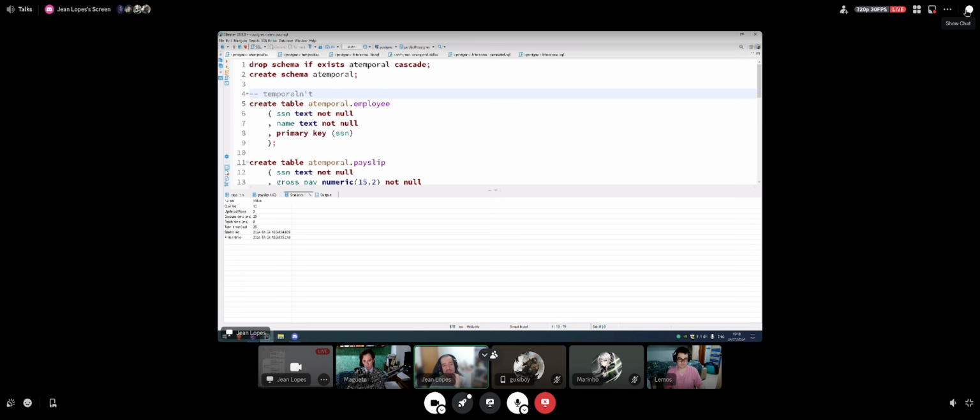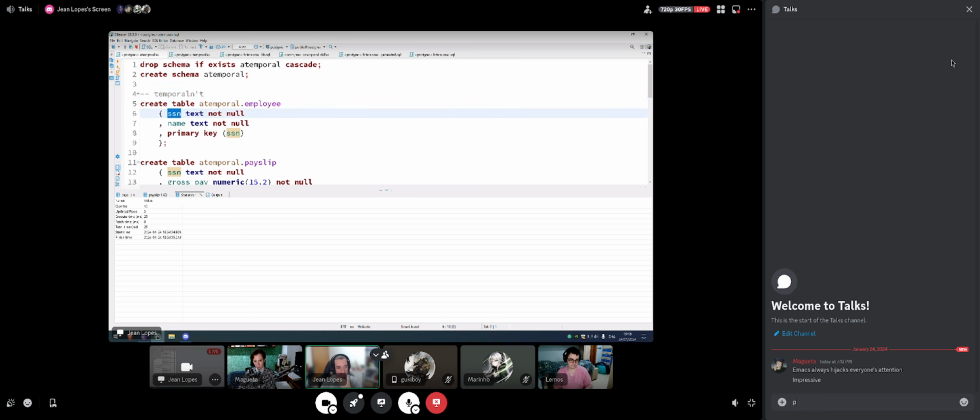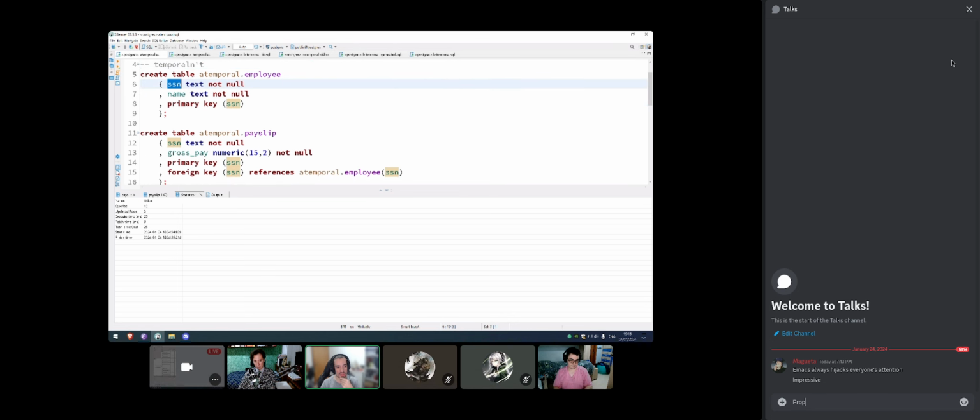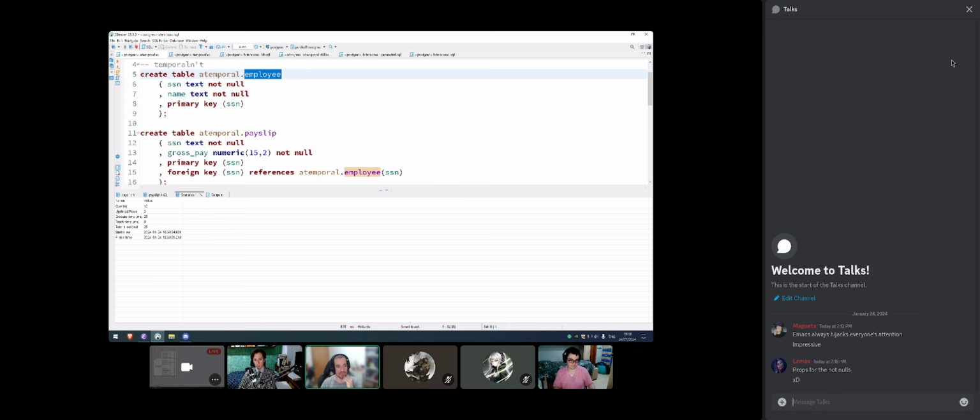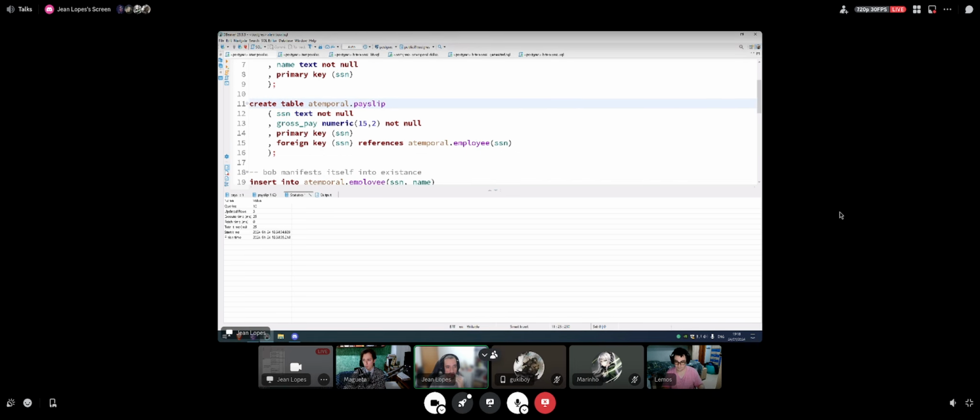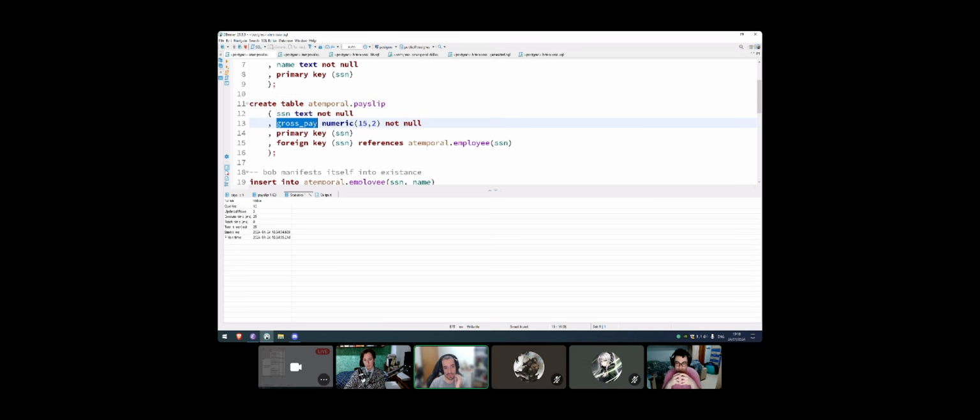The atemporal one. So it's one for one what I showed before, the tables, right? Employee and payslip. Of course, this is an oversimplification. I just put the gross pay here, just so we have some state to keep in the payslip.